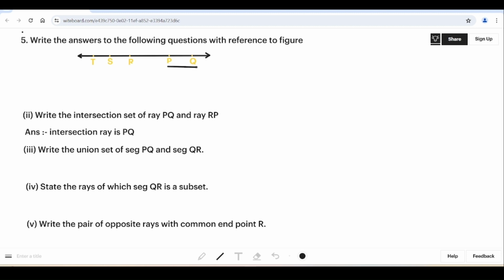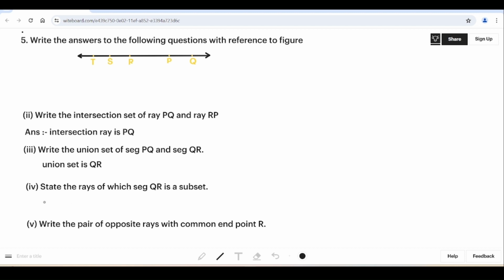P and Q. And another segment is Q to R, means from Q continuing to R. So their union set will be segment PR, right? Okay.